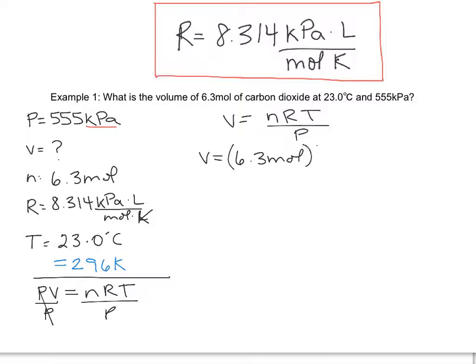Now I can substitute everything in and solve for my volume. I'm going to include all of my units just so I can keep everything organized for myself. Feel free to put units in at the end. I would like you to carry through this example with units just so that you see how everything cancels out. Okay, with my R value, I'm going to put the moles Kelvin directly on the bottom because remember, that is kilopascals liters per moles Kelvin.